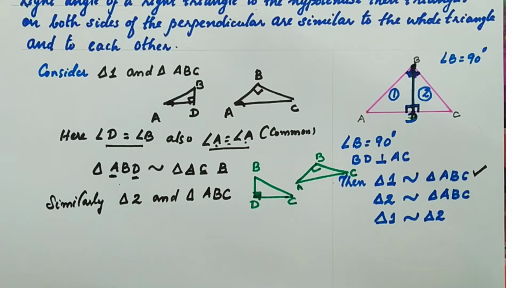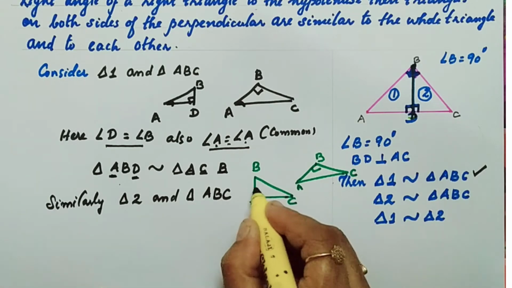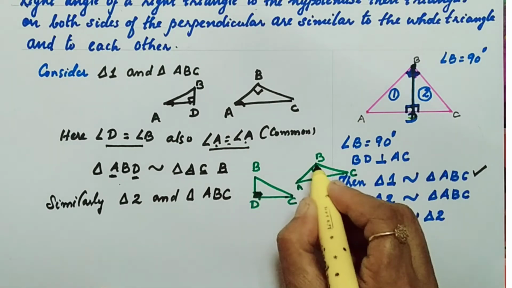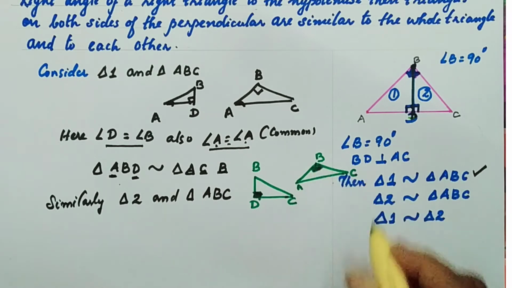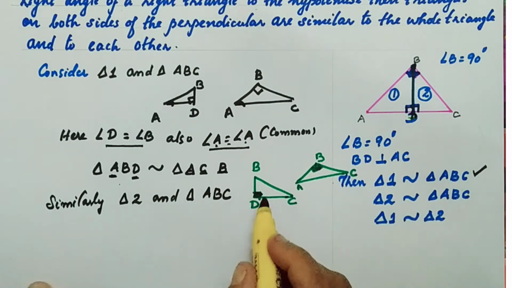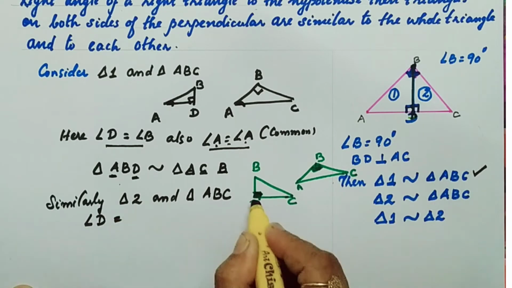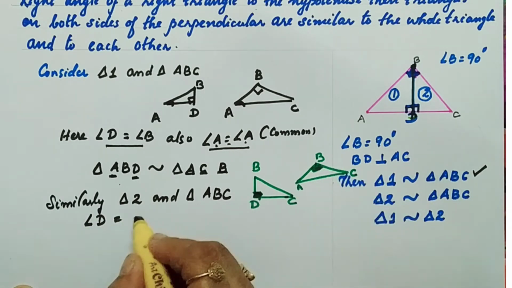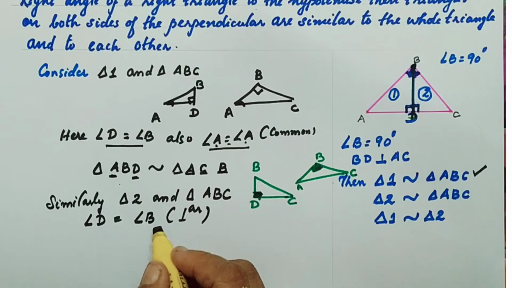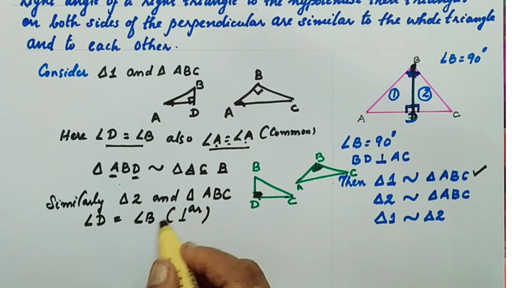Listen to this. Here in the first triangle, this vertex is 90 degree, and in the second triangle this is 90 degree. So what can you write? In triangle 2 and triangle ABC, angle D of triangle 2 is equal to angle B of the large triangle. The reason is perpendicular. And one more angle you can see.